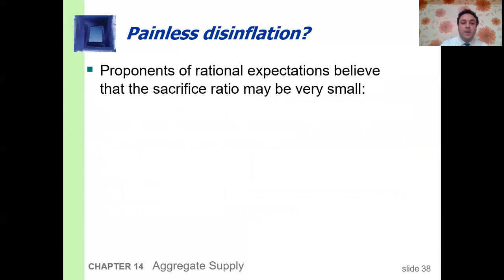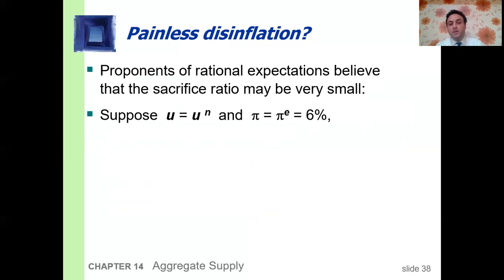How can we reach a painless disinflation? Without loss of GDP. Proponents of rational expectations believe that the sacrifice ratio may be very small. Suppose the unemployment equals the natural rate of unemployment, and the inflation equals the expected inflation, which equals 6%.